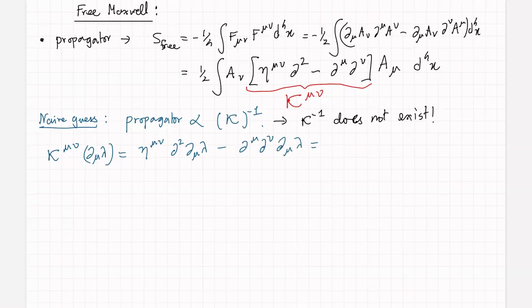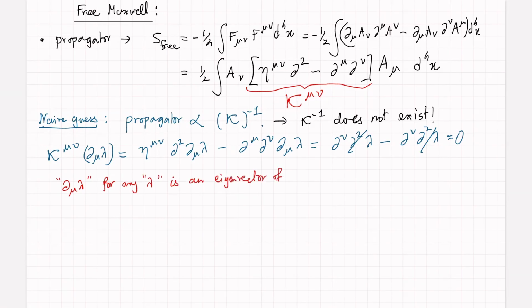The first one simply gives del nu del square lambda, and the second one is also del nu del square lambda. It cancels, equals 0. So what is that telling me? It tells me that del mu lambda, for any lambda, is an eigenvector of this operator K mu nu with eigenvalue 0. And if I have something with 0 eigenvalue, then the determinant will vanish, so I cannot invert it.